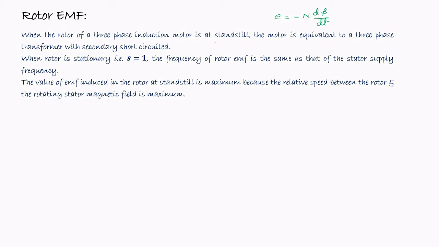So the slip is equal to 1, because slip is equal to Ns minus Nr upon Ns. As the slip is maximum, the EMF induced in the rotor will also be maximum because the value of d phi by dt will be maximum in this case. The rate of change of flux that cuts the conductor during standstill condition is maximum.